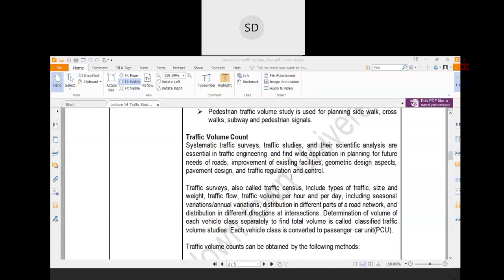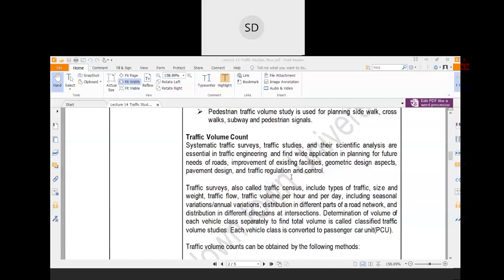In our first chapter, the previous class, we discussed the design vehicles. Basically, in the road section there are different types of vehicles moving over there, and the design vehicle, which we have already discussed in the previous class, is basically called passenger car unit.